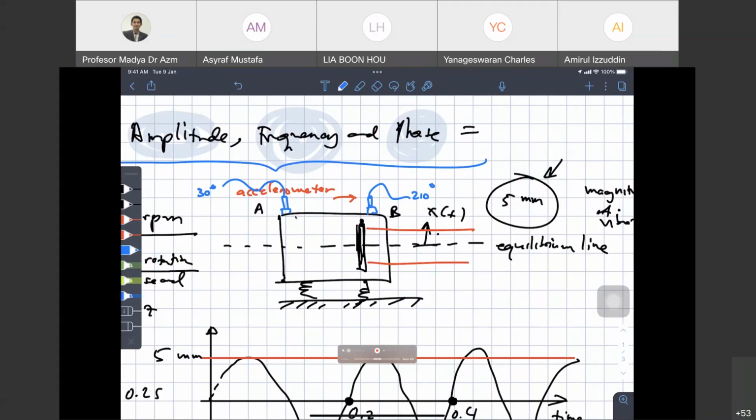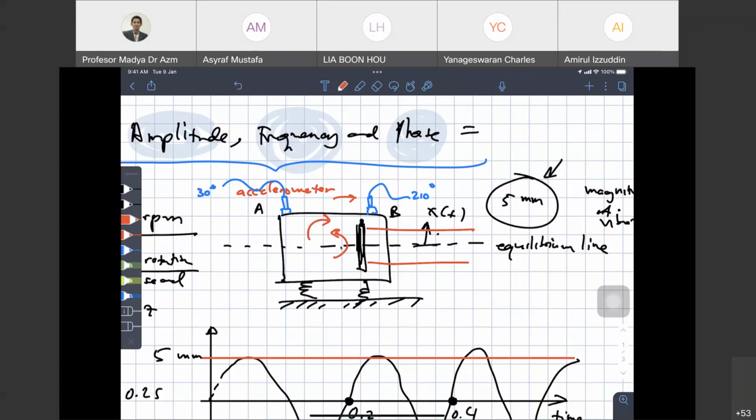Opposite direction means what? One will go up and one will go down. So can you describe the behavior of the machine? How is the machine vibrating? When A goes up, B will go down. Okay, so the whole body will be rocking, right? Yes, Doctor. So it will be something like this, rocking. So we call it rocking motion.